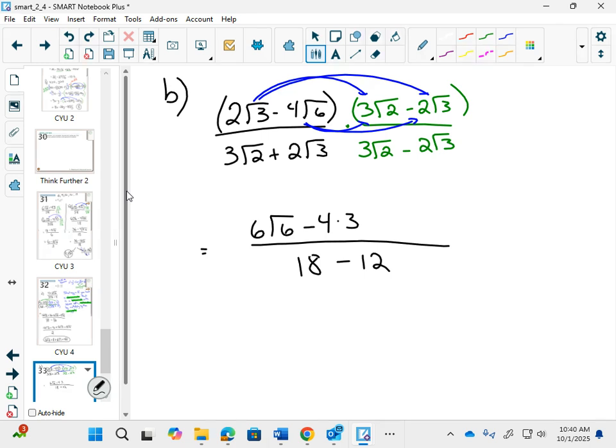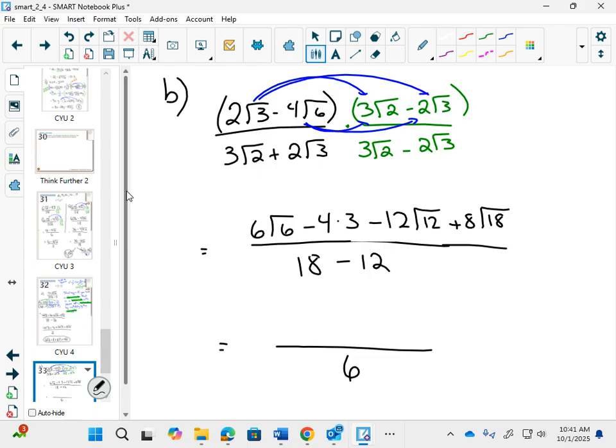So I'm just going to write 4 times 3. I can change it to 12 later. Everybody okay with that? Then, -4 times 3 minus 12, root 6 times root 2, root 12, and -4 times -2 plus 8, root 6 times root 3, root 18. The bottom is just going to be 6.